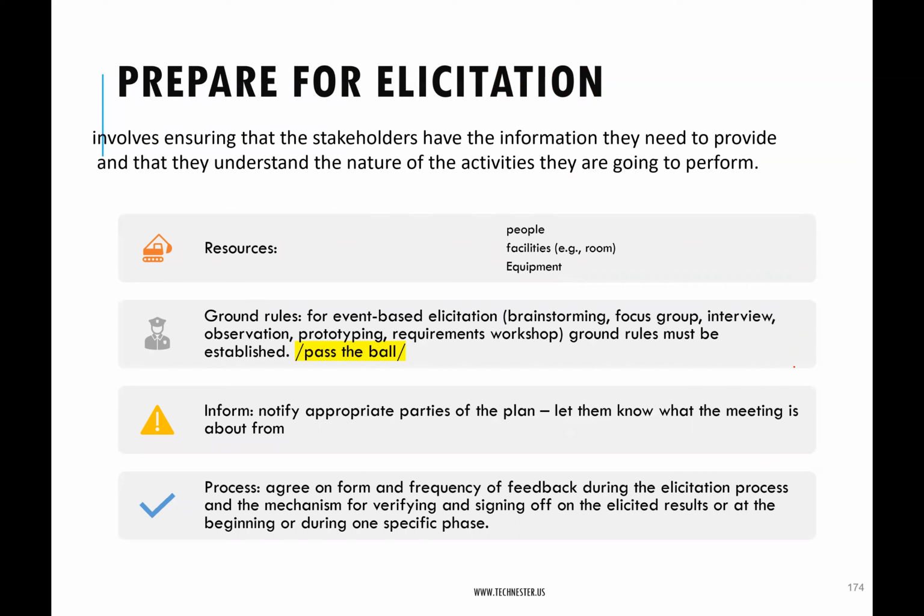Preparing for elicitation involves ensuring that stakeholders have the information they need to provide, and that they understand the nature of the activities they are going to perform.